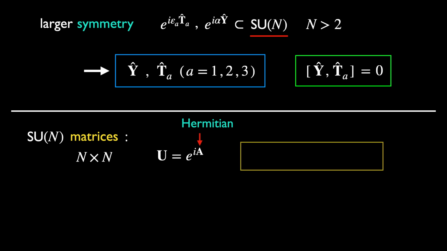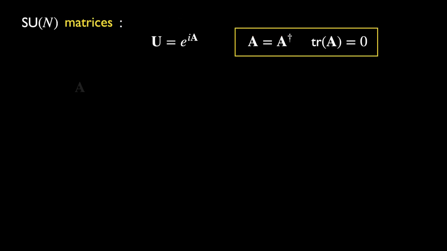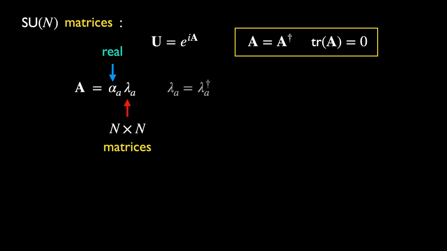In addition, A being traceless will give us SU(N) matrices with determinant equals 1, as we have shown earlier. With these conditions, any matrix A can be expressed in the basis of Hermitian traceless matrices in terms of a set of real coefficients. These matrices lambdas are then the generators of the SU(N) matrices.